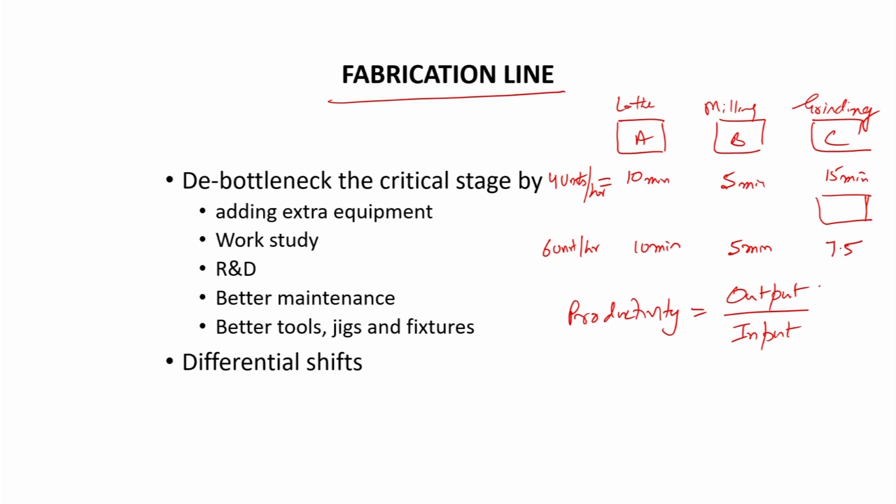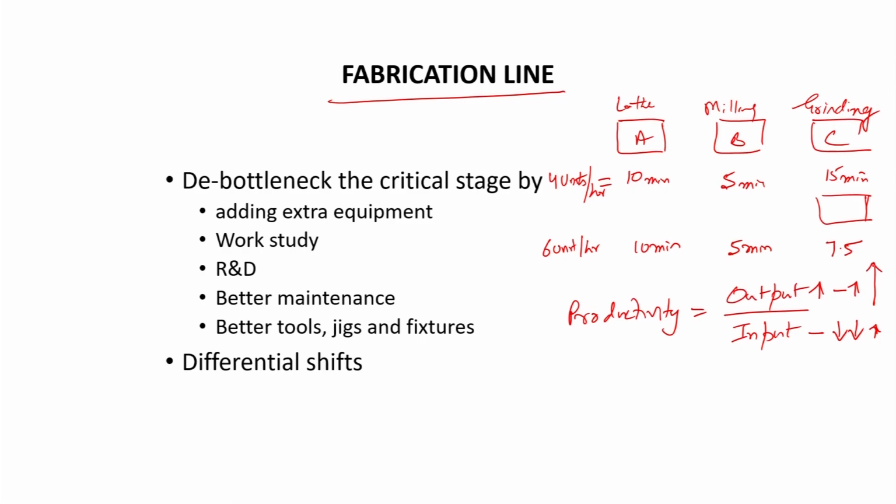We said increase in output for the same amount of input, for the same output reduction in the input, increasing the output as well as reducing the input, and the fourth was a small increase in input and a substantial increase in output. So, by adding one machine, that means 1/3 of the resources, we are able to increase the productivity by 50%. By adding resources of 33%, we are able to increase the productivity by 50%. So, small increase in input and substantial increase in output.